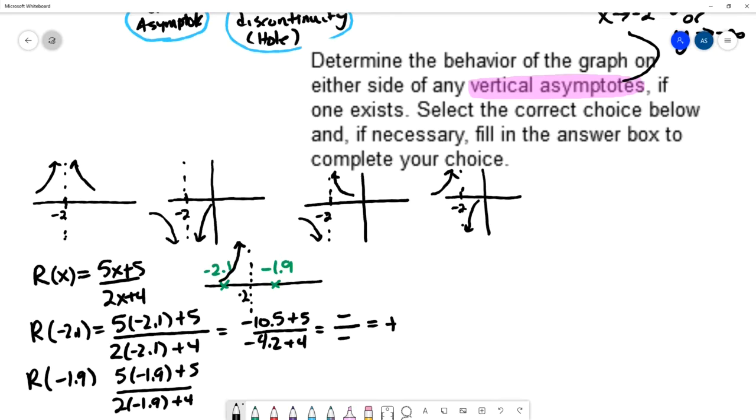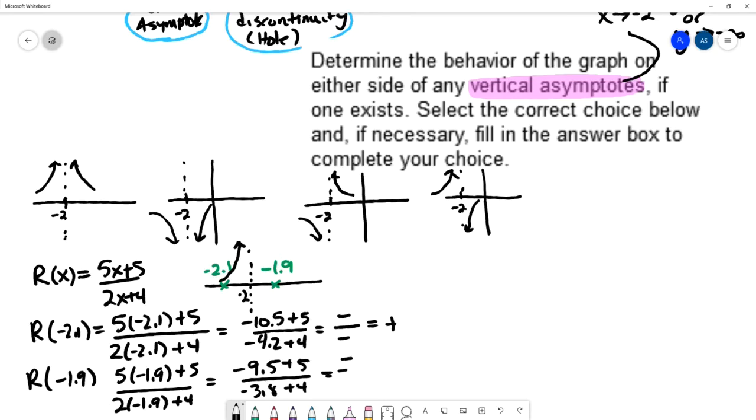That's 5 times negative 1.9. That will be a negative 9.5 plus 5. 2 times negative 1.9 is a negative 3.8 plus 4.